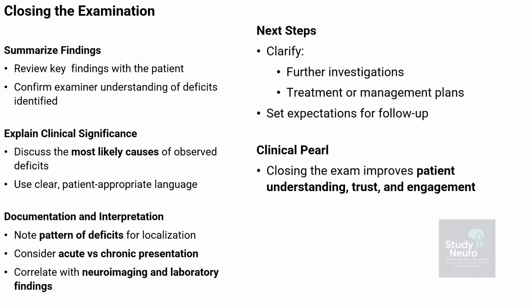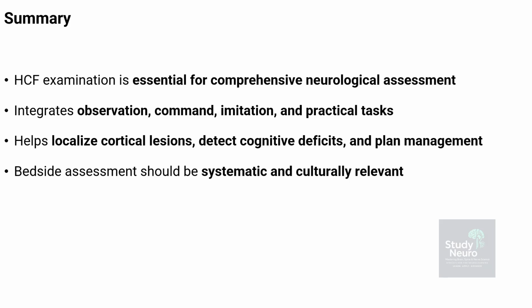Let the patient know if further tests are needed, discuss possible treatment or management plans, and set expectations for follow-up. A well-structured closing not only completes the examination, but also improves patient understanding, builds trust, and encourages engagement in ongoing care.